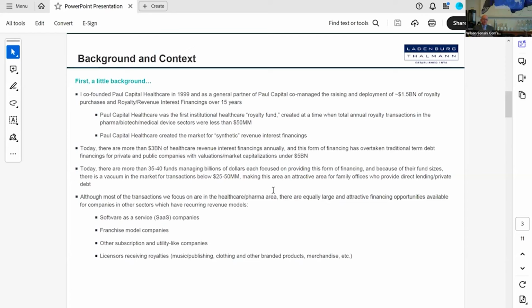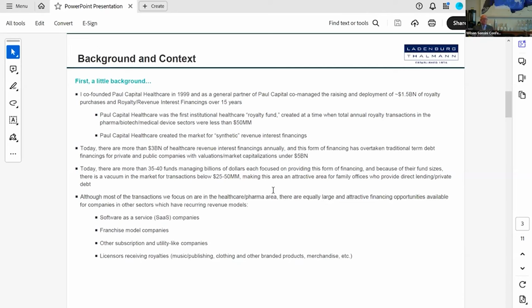The interesting thing is that there are approximately 35 or 40 billion-dollar funds that provide this capital. And because of their fund sizes, there's a vacuum in the market for transactions that are 25, 50 million and below. As all of you know who are investors in funds, if somebody has a $1 billion fund, they can't do $25 million deals because it would take them a million years to invest their whole fund.